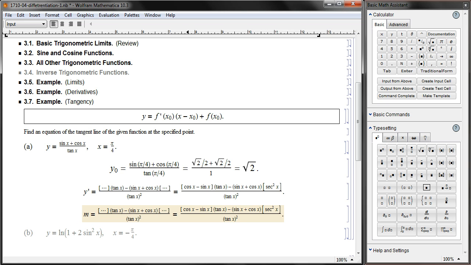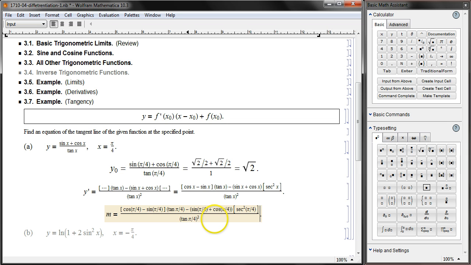We have to plug in x equals pi over 4. So this should be pi over 4. This should be pi over 4. And then tangent of pi over 4, and then again pi over 4, and then cosine of pi over 4, and then secant squared of pi over 4, and then tangent of pi over 4.